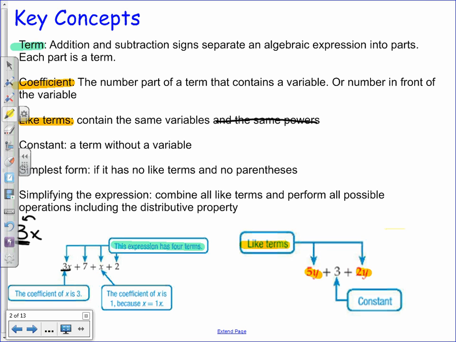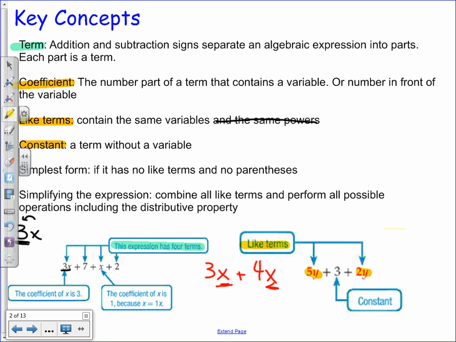And what makes them like? Well, they both have y's on the end. Similarly, if I had 3x plus 4x, both of these have the same variable attached to them, so that makes them like terms.